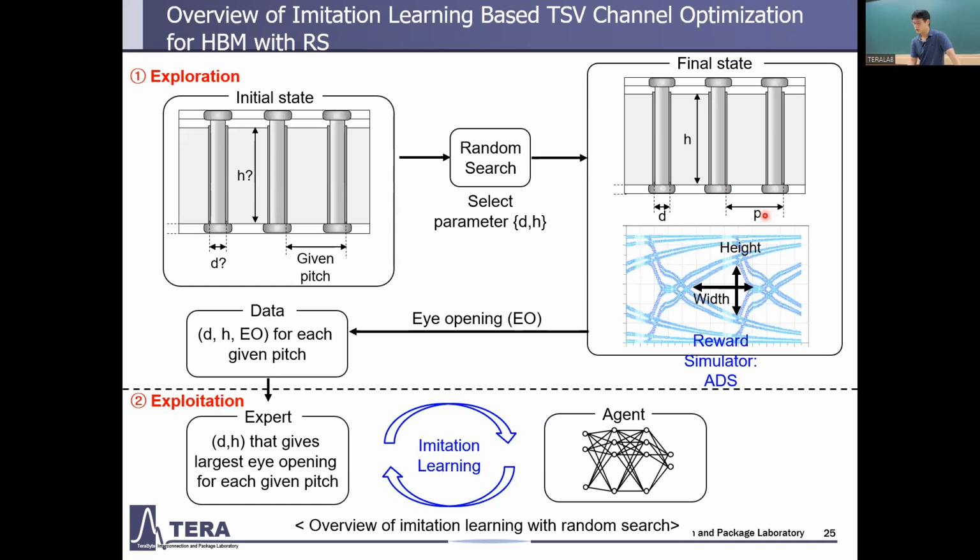Then with these 3 data, and every other parameter fixed, I use the reward simulator, which is ADS, and I get the eye opening. Then these data go to X, and I get the highest eye opening data for each pitch, and then I put it into the DNN training data, which is the exploration part.